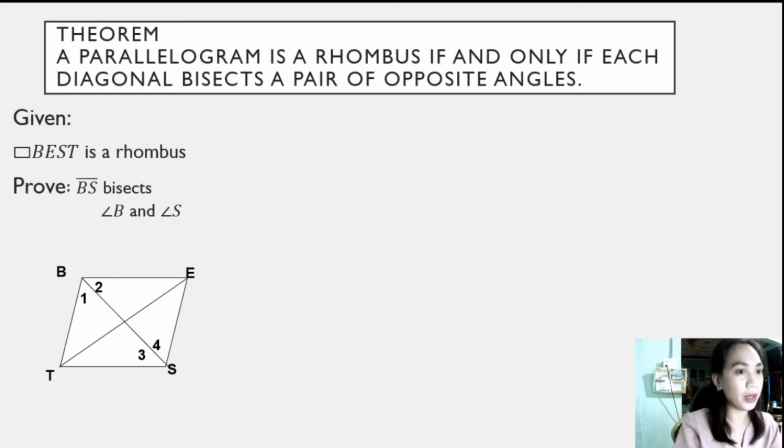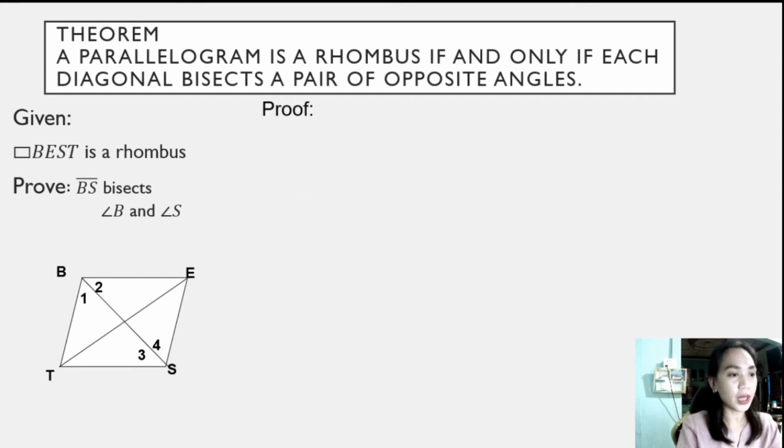So, we have here the figure BEST. Tulad nga ng sinabi ko, we have to prove, so this one is the diagonal BS. So, ang kailangan natin i-prove that angle B and angle S ay ibabisect niya. Okay? So, we have here the two-column proof.